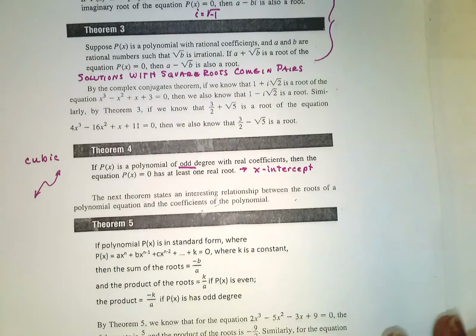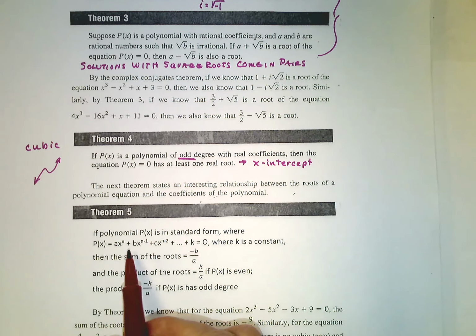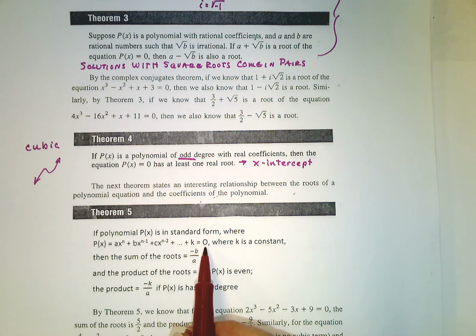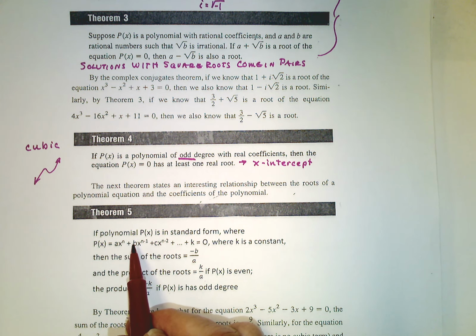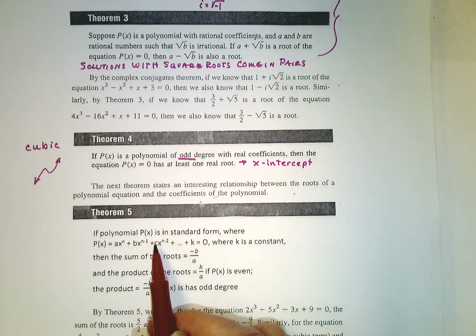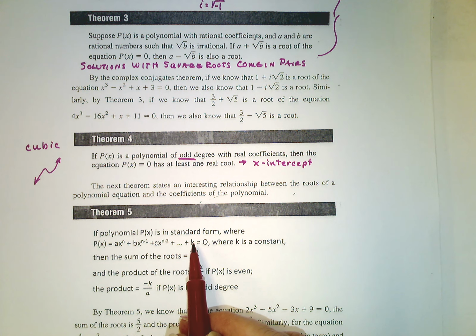Okay, the next one, they say that a polynomial in general form, this is a times x to the highest exponent plus b times x to the next highest degree plus c times x to the next highest degree, and the degrees keep going down on the x's until we get all the way to the end to the constant where there is no x term.